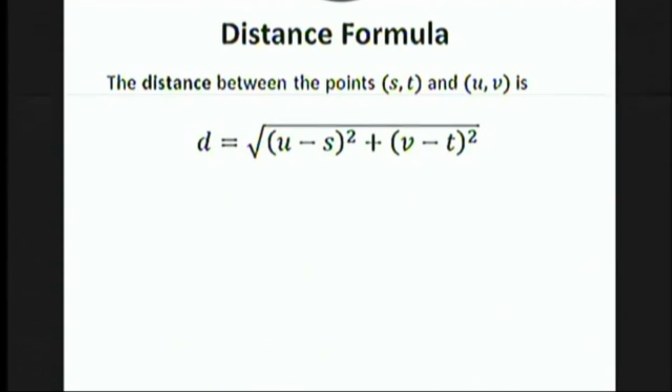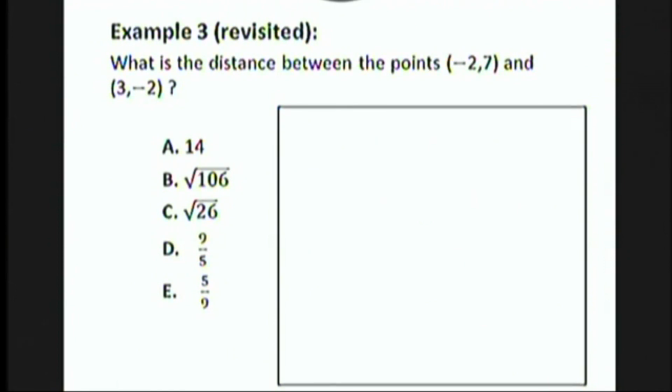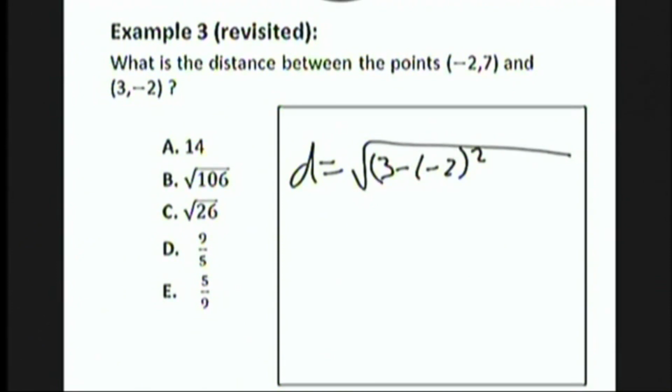The distance between the points (s, t) and (u, v) is d equals the square root of (u minus s) squared plus (v minus t) squared. So let's try this same example again using the distance formula. Well, d is the square root of (3 minus -2) squared. I'm subtracting the x coordinates and squaring, plus, and then I subtract the y coordinates and square.